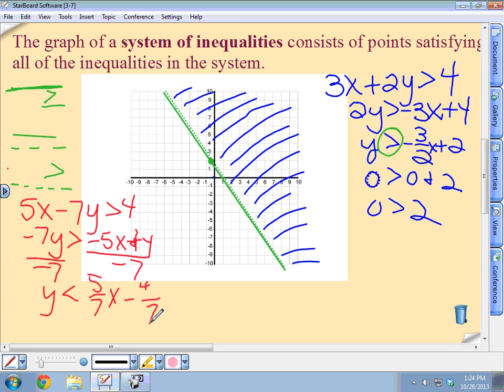Those numbers make it a little more difficult to see what's going on, but it works just the same. So Megan, what is my y-intercept on this particular inequality? What will be my y-intercept?